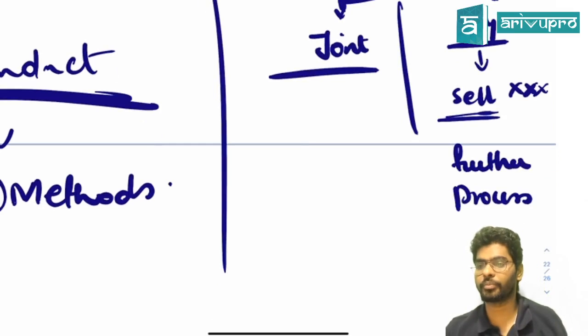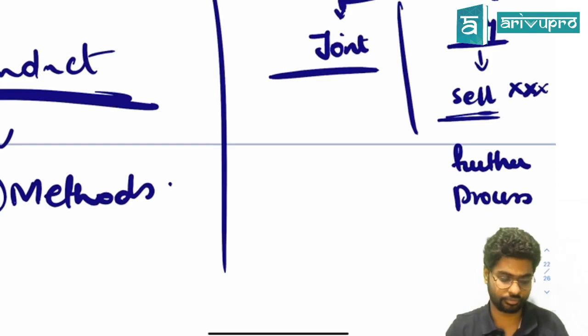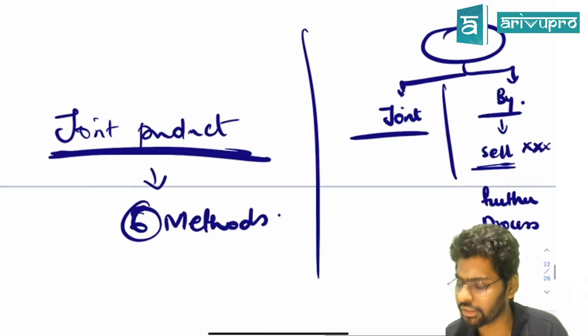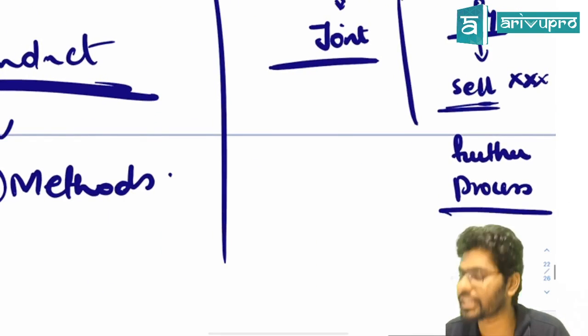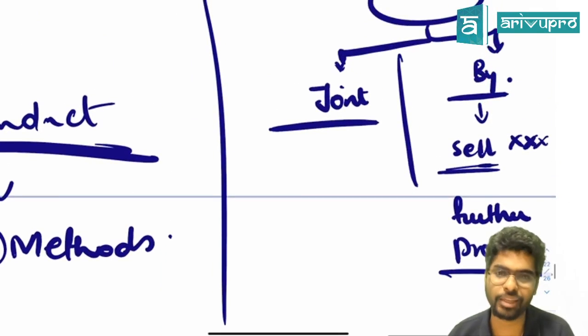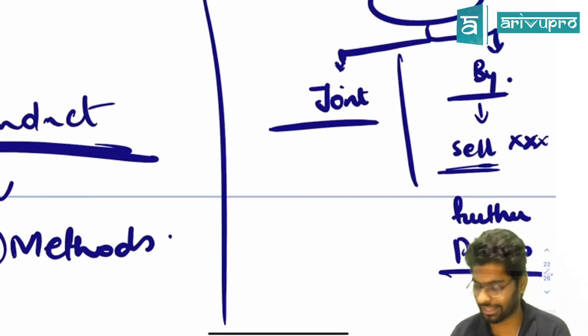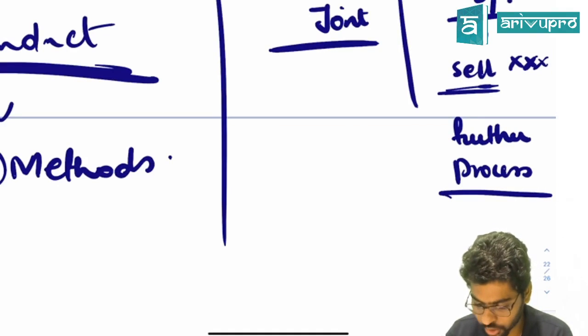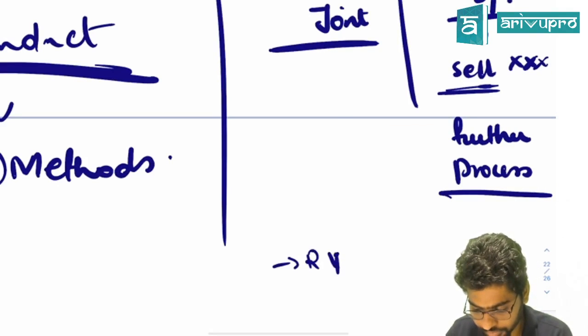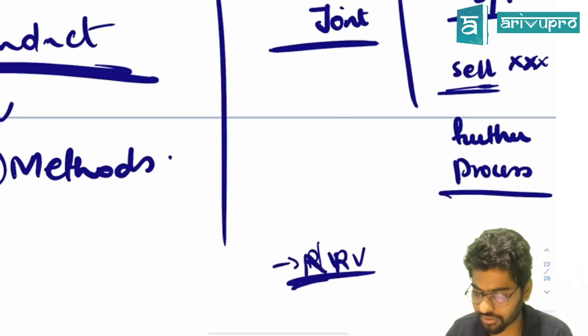If it requires further processing, you cannot sell it at the point of split off itself. Then what I will do is the net realizable value. What is net realizable value?